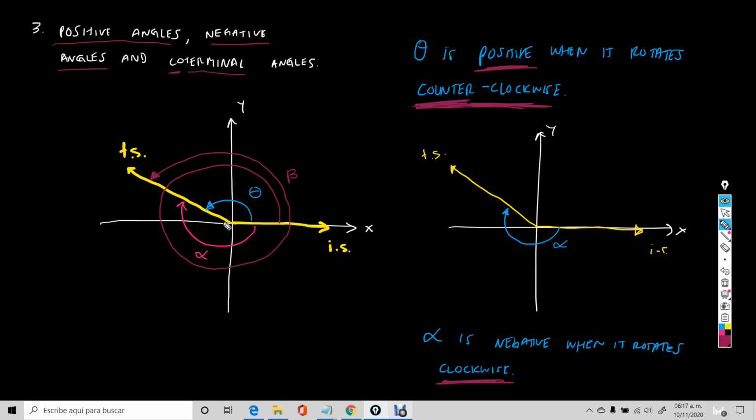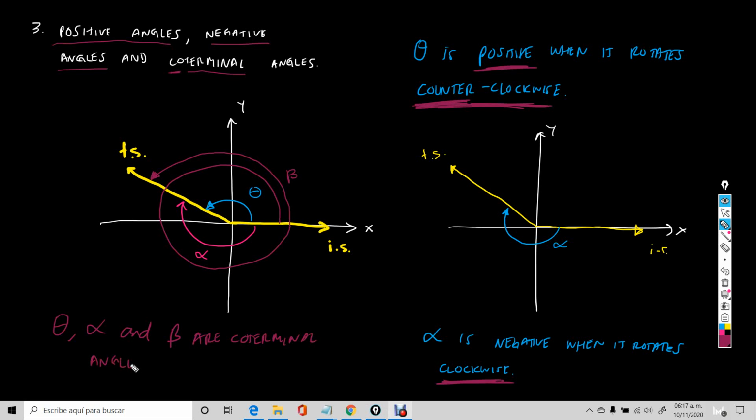But when you have angles that have the same terminal side, in this case theta, alpha, and beta, all of these end in this terminal side, then we say that these three angles, theta, alpha, and beta, are coterminal angles. Coterminal angles.